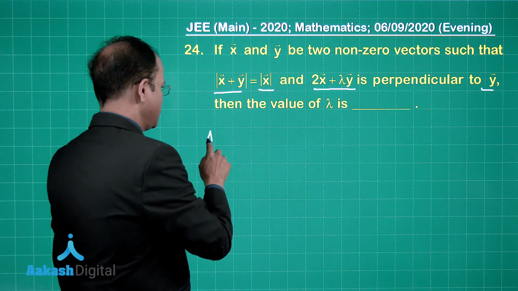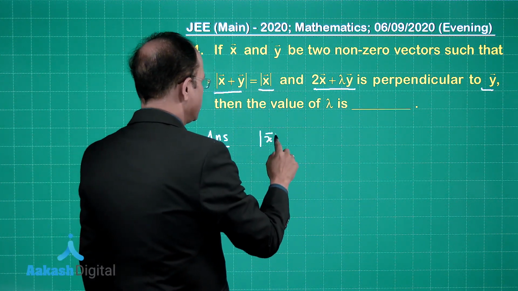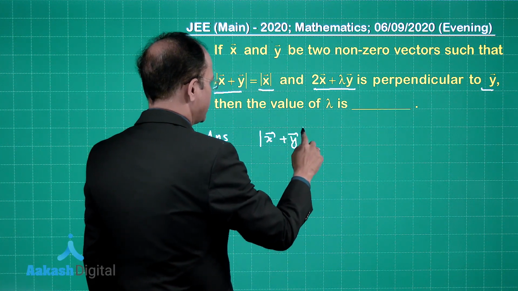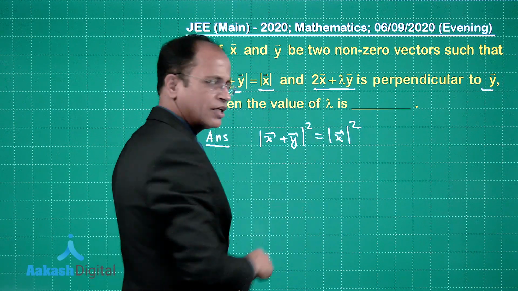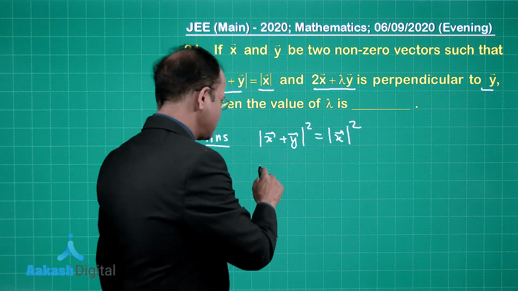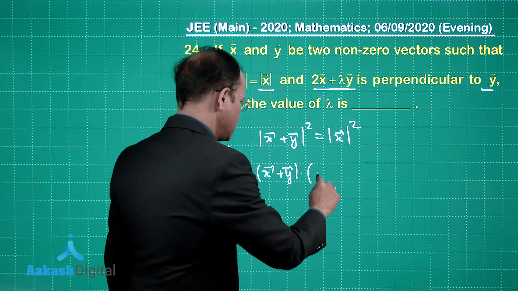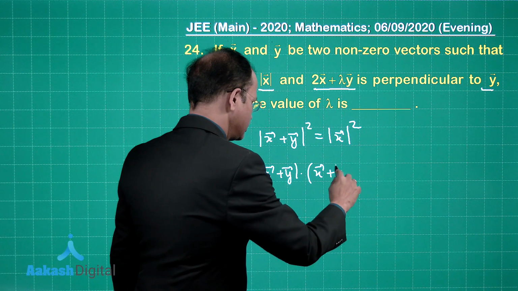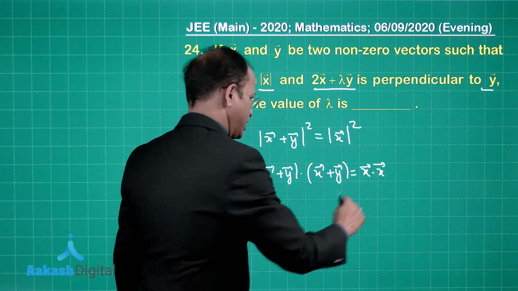That means if I talk about mod of x plus y, these are the 2 vectors we have. We have to square it first of all, right? So this is going to be a very interesting one. Get some relation from here. So what we can write? We can write this as x plus y dot x plus y. Again we can write vector x dot vector y. Got it?